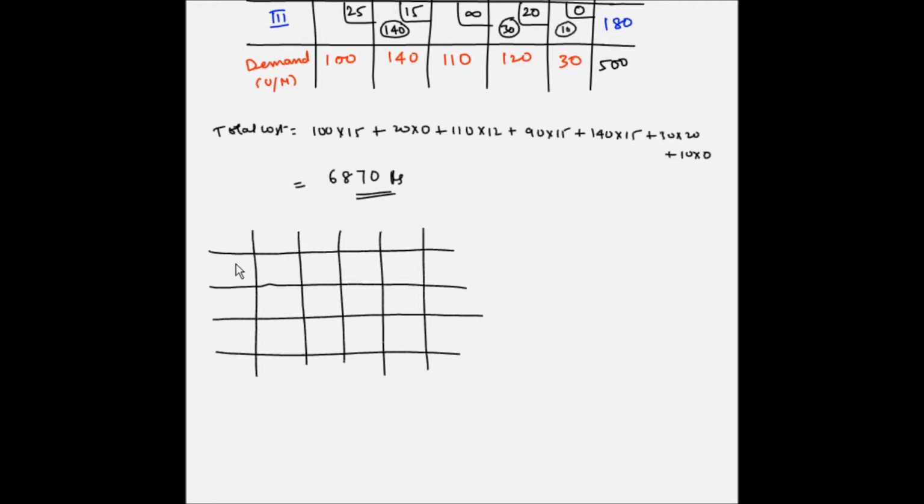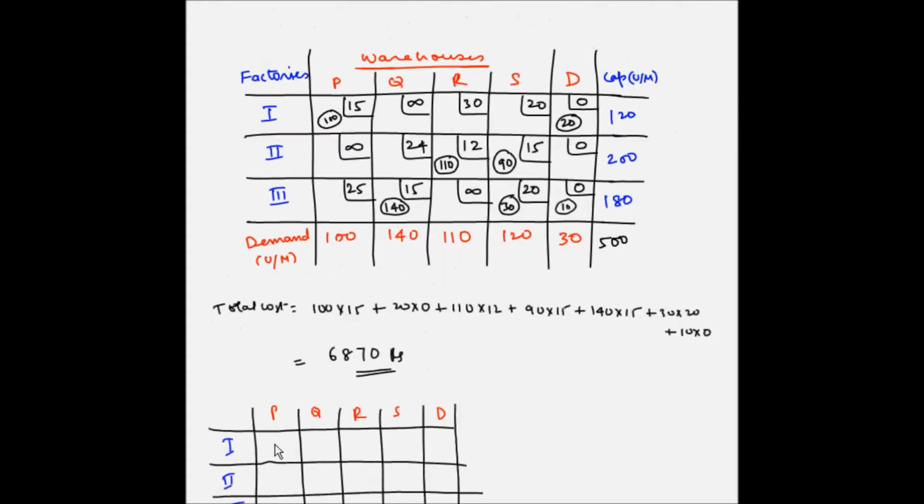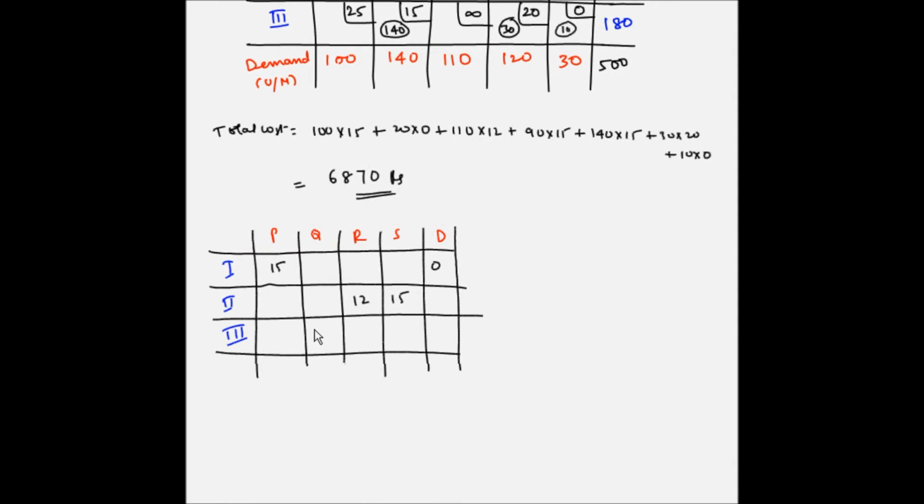On the left hand side we have the factories 1, 2 and 3, and on the top we have the warehouses P, Q, R, S and D. So the first one is 15, then 0, then 12, 15, 15, 20 and 0.